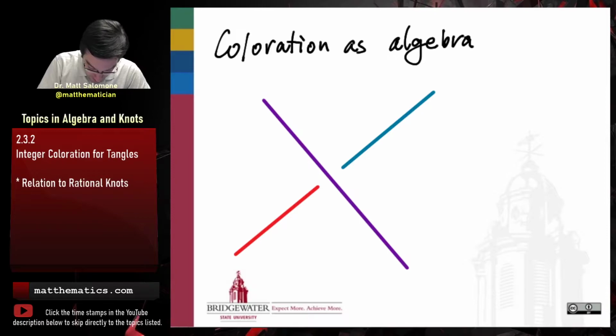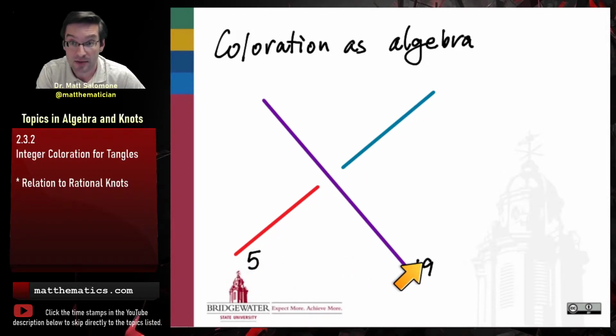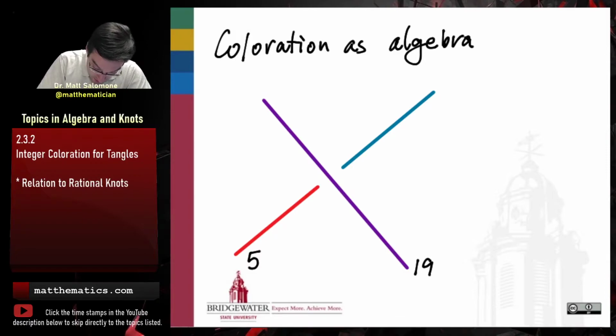If I do that, maybe I'll call this arc here 5. And then I'll call this arc over here, 19. Just going to assign some numbers to it. Then what I'd like to have is a way of assigning a number to this 3rd arc in a way that relates it to the values that I assigned to the other 2 arcs. Right? Can I come up with a relationship between the numbers that I'm assigning to these 3 different arcs such that that relationship also satisfies this validity criterion?